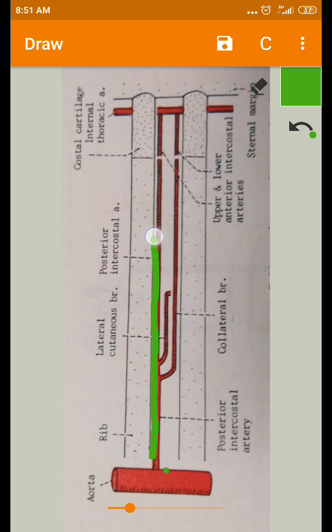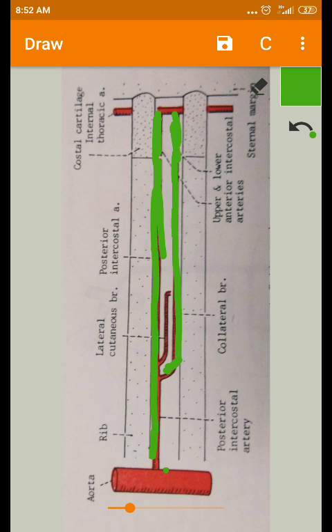So this one will finally anastomose with the upper branch of the anterior intercostal artery. And finally the collateral branch will anastomose with the lower branch of the anterior intercostal artery.